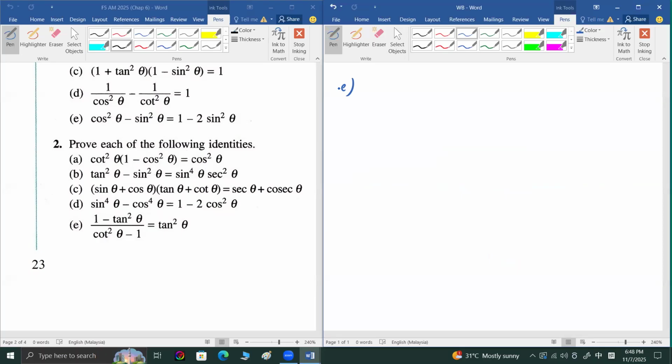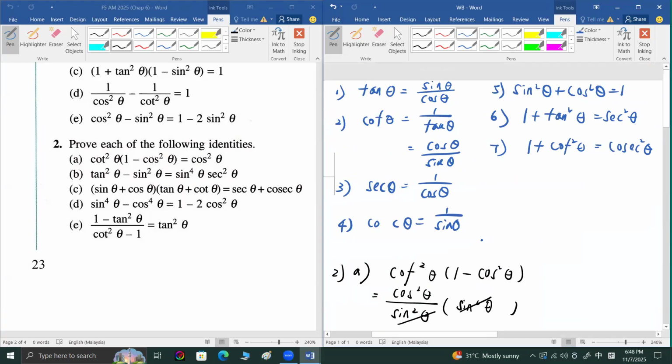Yeah, look at E. So I get the left side. Now I want to prove it to the right side, tangent squared theta. I'm not sure which to apply, because for tangent squared, maybe we can get secant squared theta minus 1, or maybe I can get sine squared theta per cos squared theta. So I'm not sure.